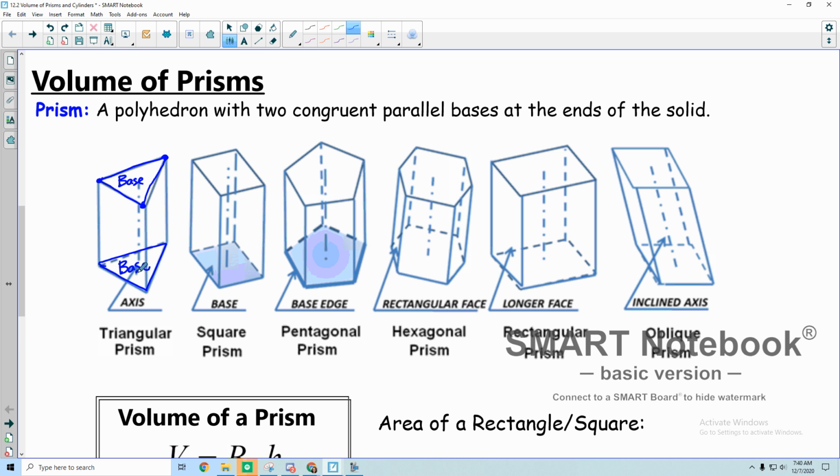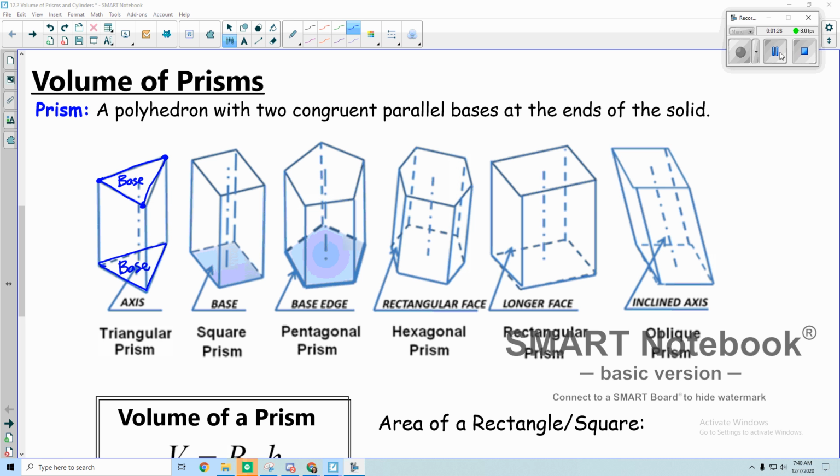It doesn't just have to be a triangle. We could use a square, pentagon, hexagon, or rectangle as the base, at the top and the bottom, and as long as we connect everything down from each of the vertices, that'll form a prism.